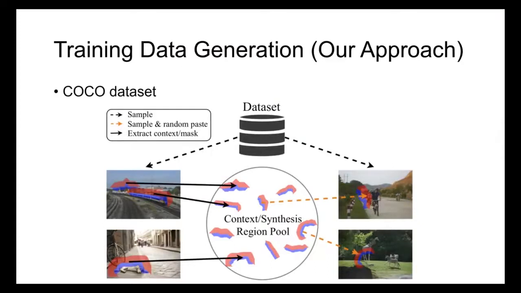I take something like a COCO dataset where we have diverse things, and then you estimate the depth and pretend that the depth is ground truth. You estimate the depth through some monocular depth estimation algorithm. You can identify some of the depth discontinuities, and create a pool of occlusion patterns.